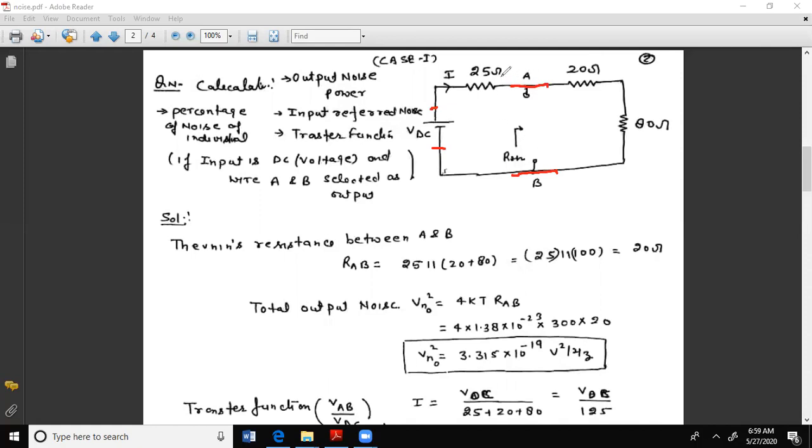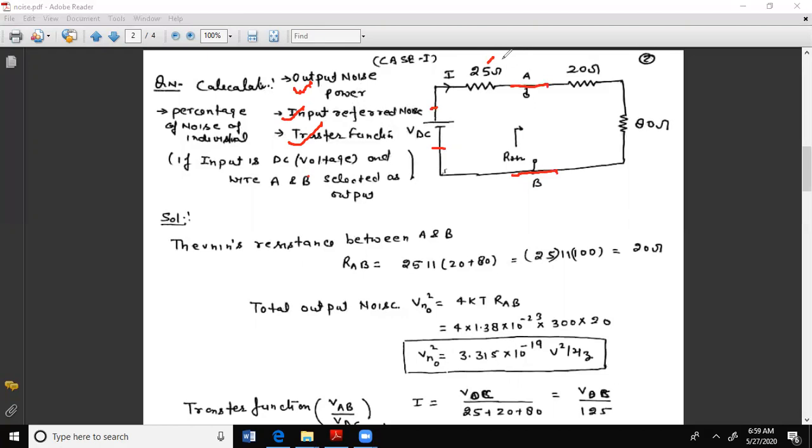So these two terminals are used to calculate the total output resistance or total output noise. These are the resistances 25, 20 and 80. Now in this example, we first find what is my output noise. First is output noise power, second input referred noise, third is transfer function, and most important, we calculate the percentage of noise contributed by each individual element.